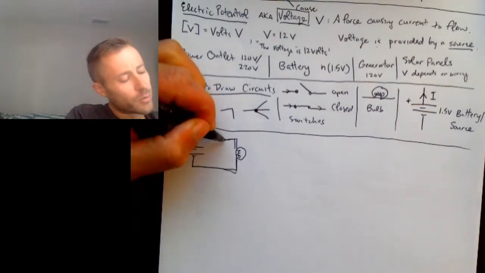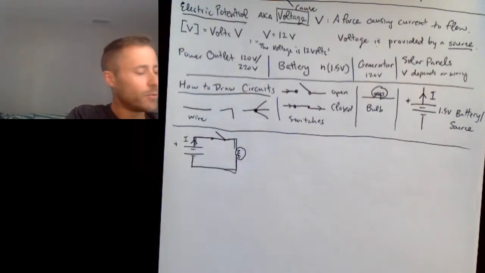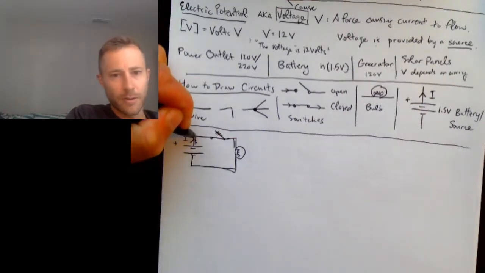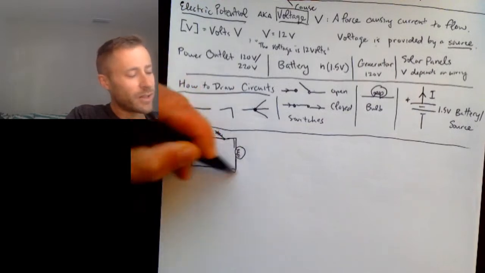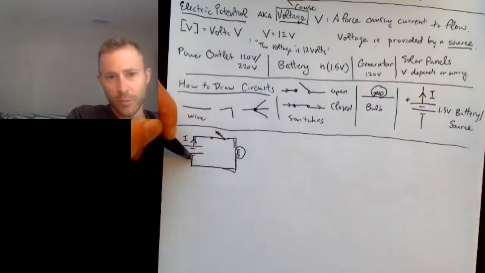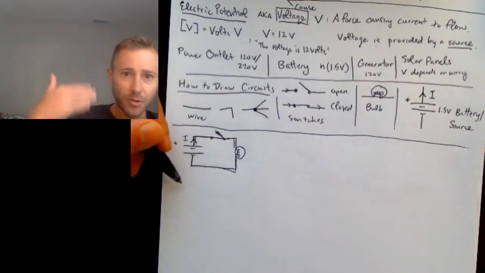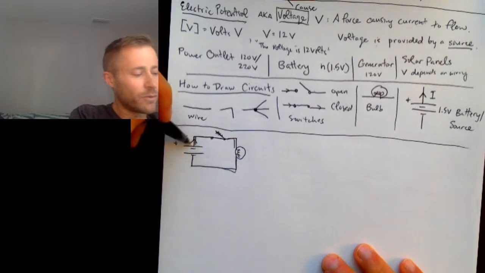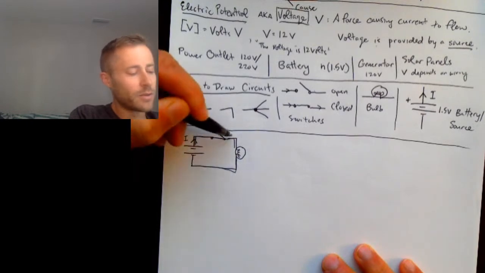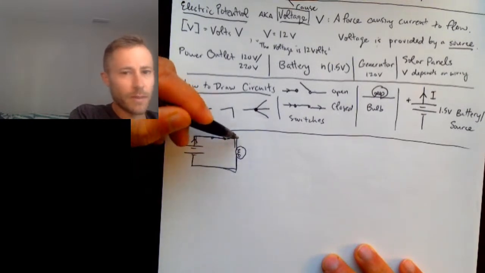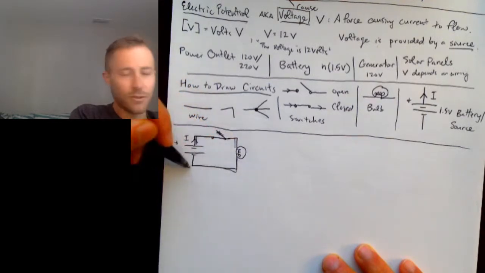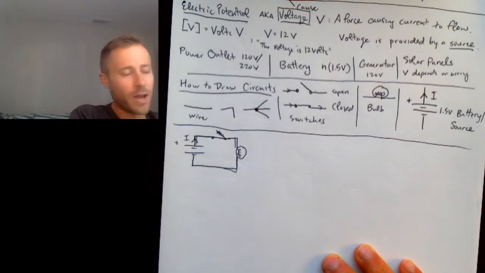You close the switch, though, and move it into the closed position. Now the positive terminal is connected to the negative terminal through the circuit. So now that chemical reaction starts to proceed. And as it proceeds, current flows out of the positive terminal through the switch, through the light bulb, and then back into the negative terminal of the battery.